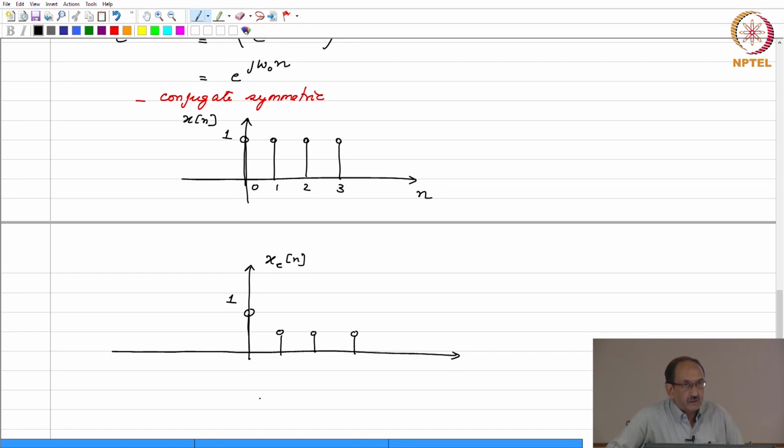For the remaining three, the even part will look like this, and this value is half. So this is the even part.